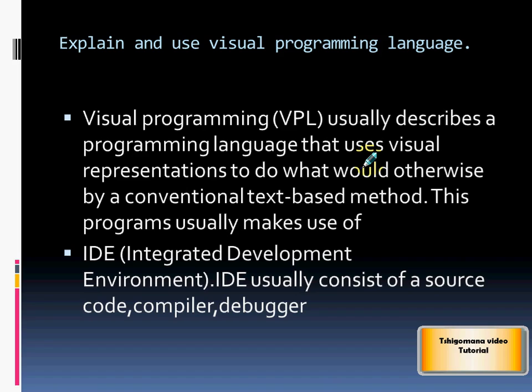These programs usually make use of an IDE. What is an IDE? IDE stands for Integrated Development Environment. An IDE usually consists of a source code editor, a compiler, and a debugger. In other words, where you write your code is your IDE.